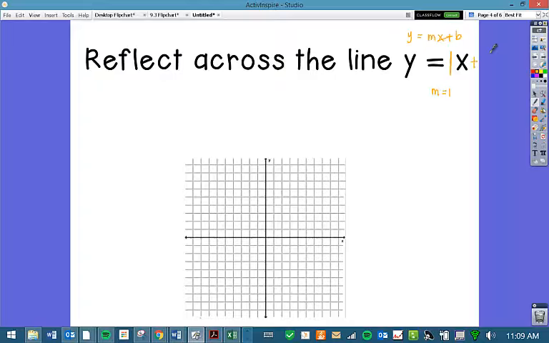And this is just plus 0, so my y-intercept is 0. So this line's starting at the origin and has a slope of 1, up 1 over 1, up 1 over 1. So this is the line y equals x. You can draw a dotted line, just to help you visualize what's going on.